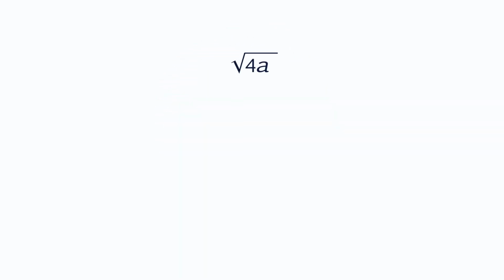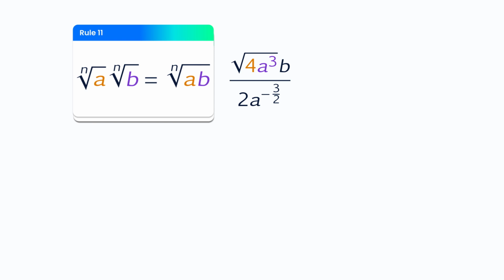Let's look at a final example. You want to simplify the square root of 4a cubed times b all over 2a to the power of minus 3 halves. In the numerator, you use Rule 11 to write the square root as the square root of 4 times the square root of a cubed.